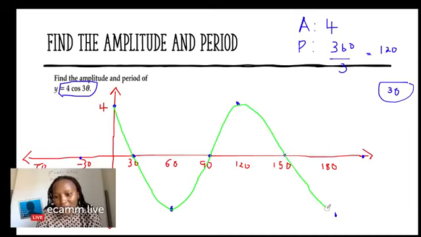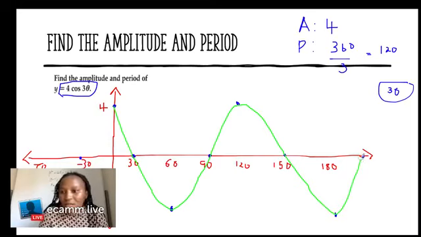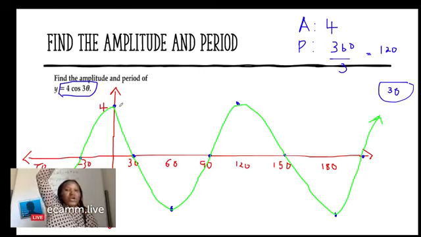So if you look at this graph, you will see that it basically looks like the first one that we did. The difference is just your amplitude now is up. So it's like your graph stretched up. Your amplitude now is 4, and your period is 120. So we started at steps of 30, but the graph is still the same graph.